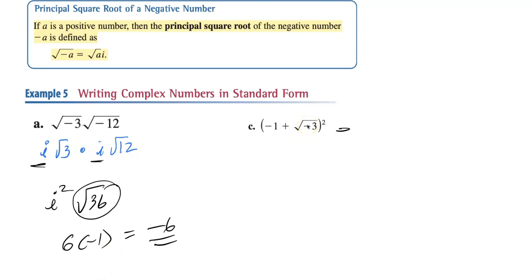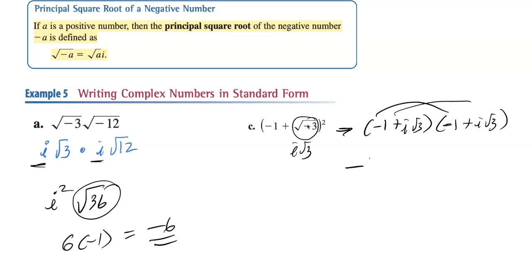Here, remember, don't forget the square means multiply by itself, so you get something like this. But first, let's take away this i. This is i square root of 3. We have to multiply by itself. So negative 1 times both of those, I get positive 1 minus i square root of 3. And then I get negative i square root of 3 times i square root of 3.